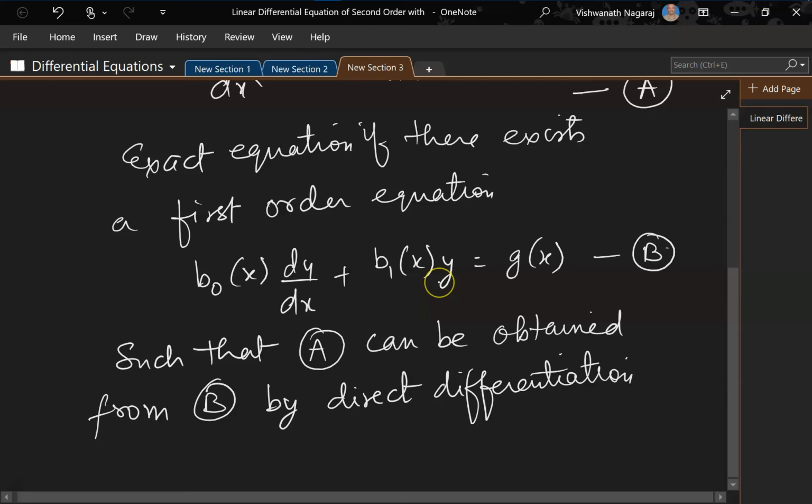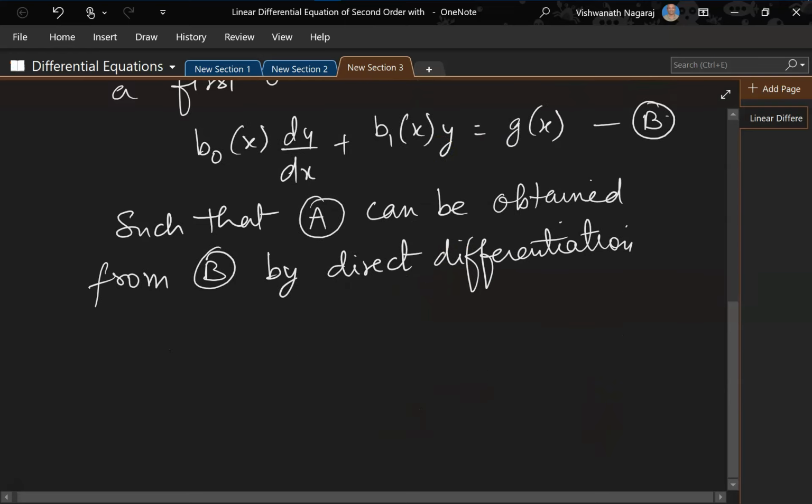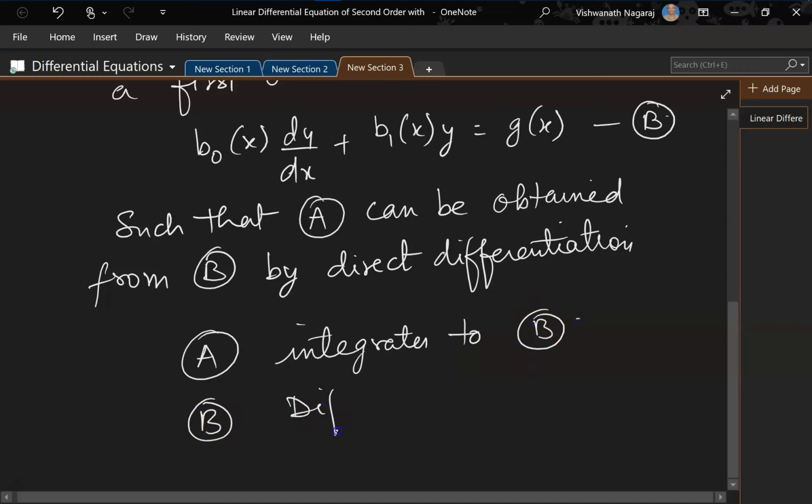So if we differentiate B, we should be able to get A. Here it's vice versa: A integrates to B, B differentiates to A.